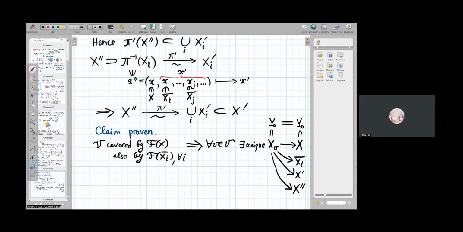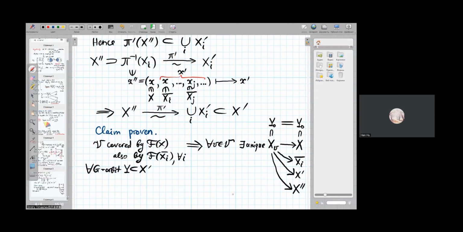And now, for any g orbit, say y, in x prime. Well, Professor, is the map from xv to x an open embedding?